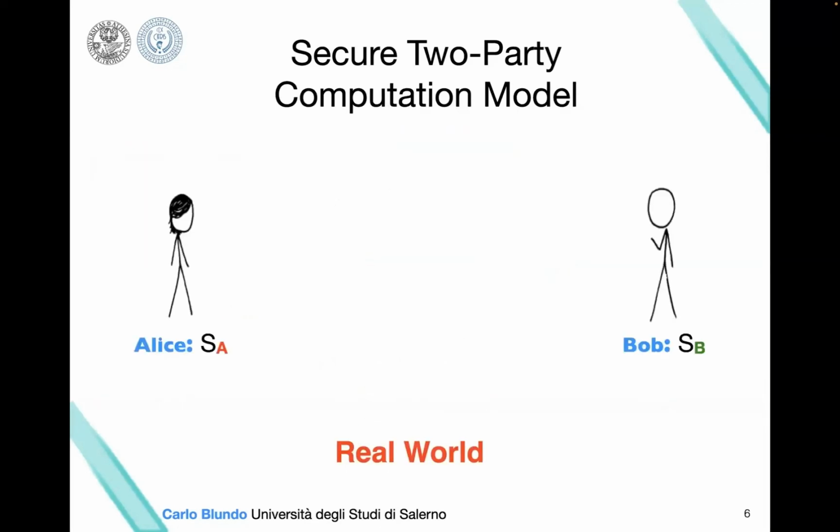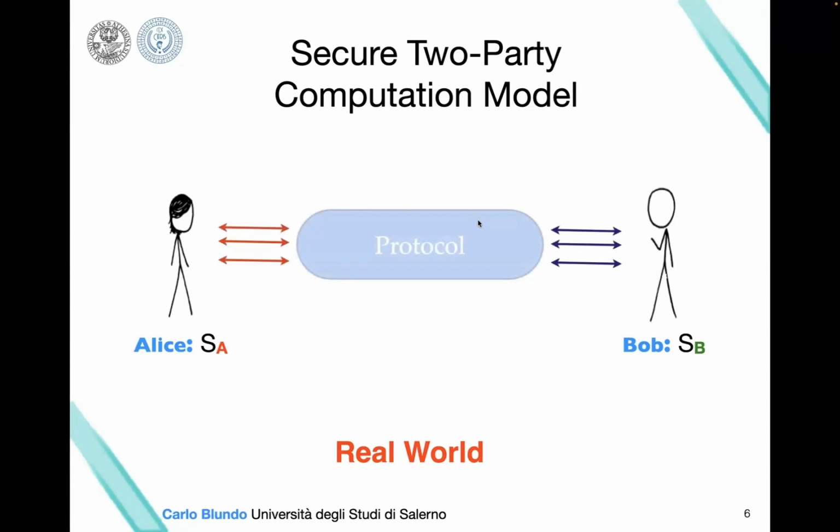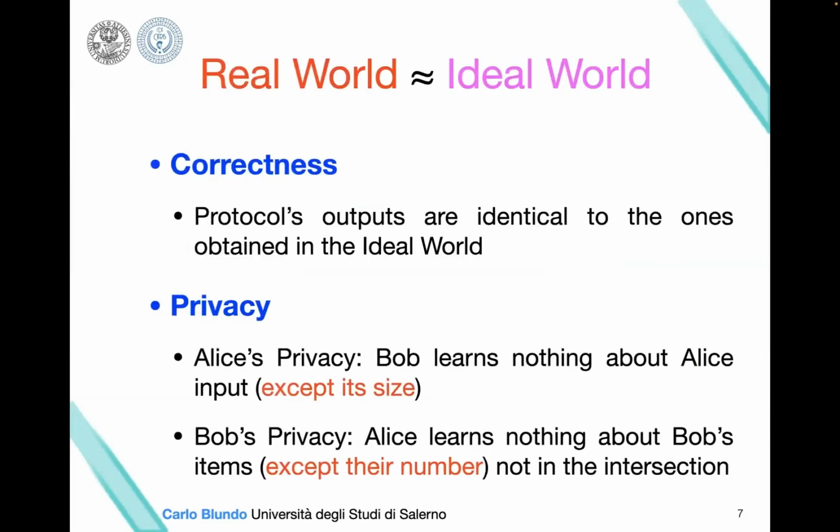But in reality, you have to run some computation between Alice and Bob. So there is a protocol. They exchange some messages following some predefined rules, and at the end of the protocol, Alice will get FA and Bob will get FB.